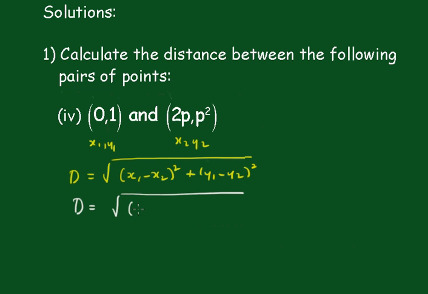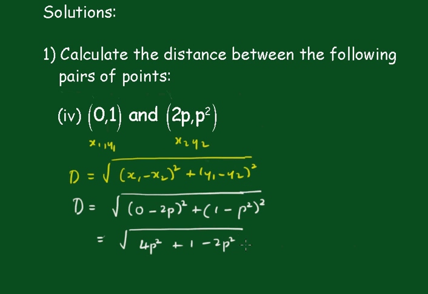So that'll be 0 minus 2p all squared plus 1 minus p squared all squared, which gives me 4p squared plus 1 minus 2p squared plus p to the fourth.